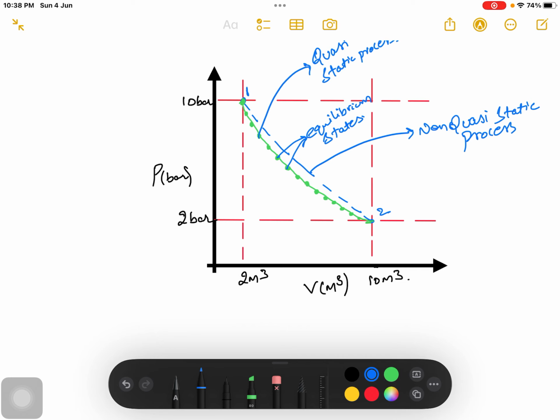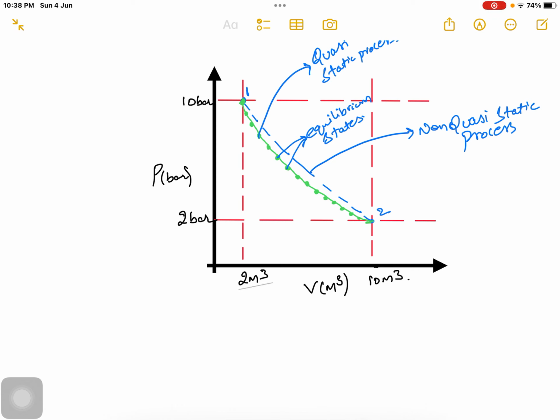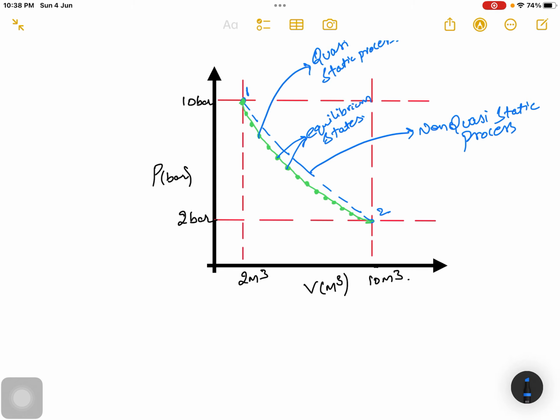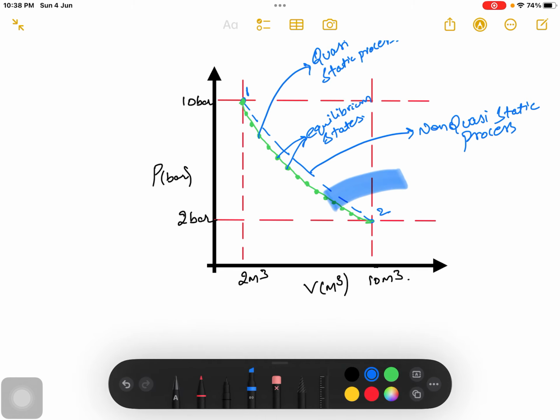When all these series of equilibrium states through which the system passes are combined, it is known as the path of the process.